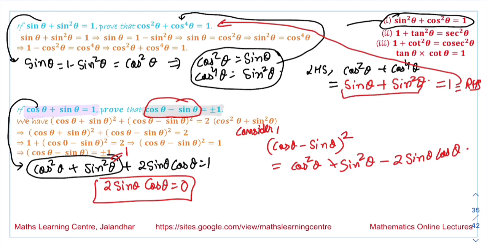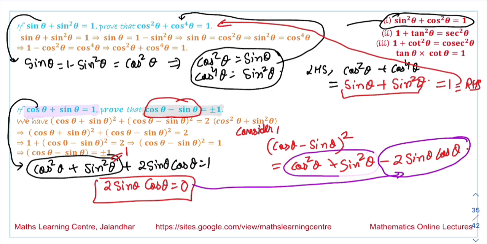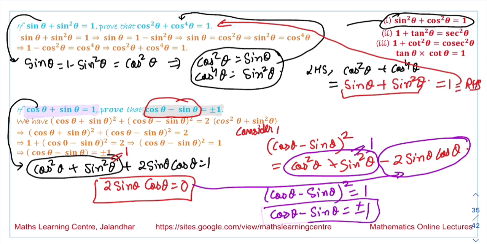The value of 2 sine theta cos theta is equal to 0, and this whole term will be equal to 1. So what we get is that cos theta minus sine theta square is equal to 1. So we get cos theta minus sine theta will be equal to plus minus 1.